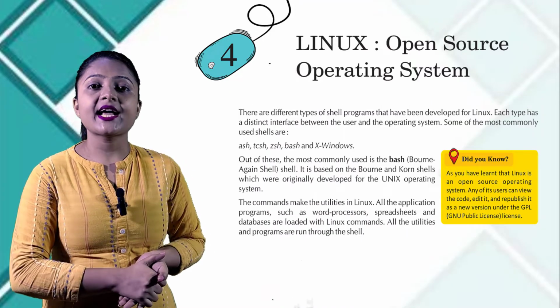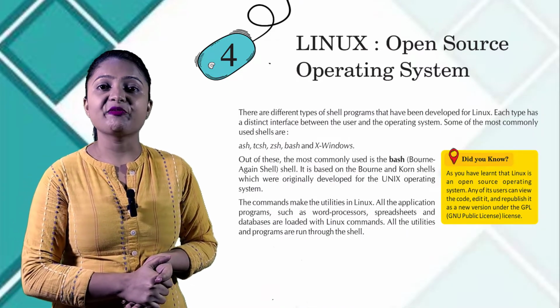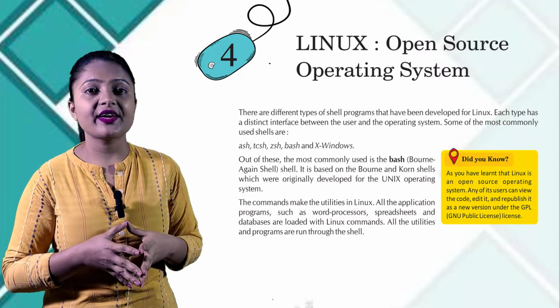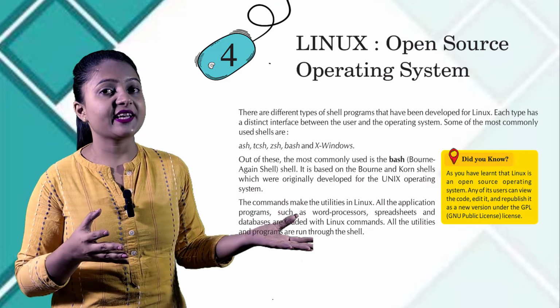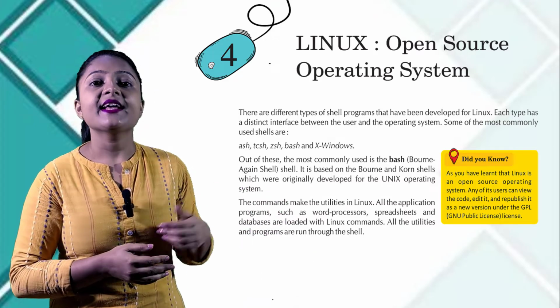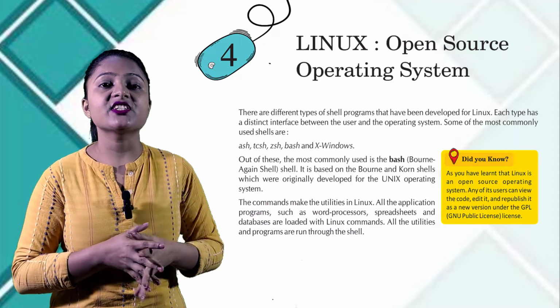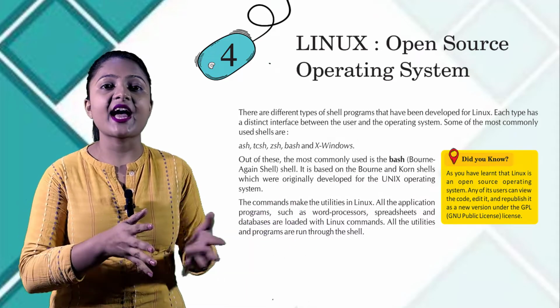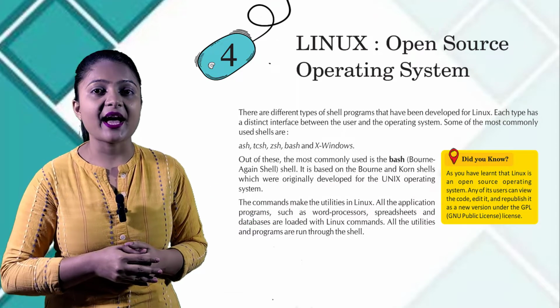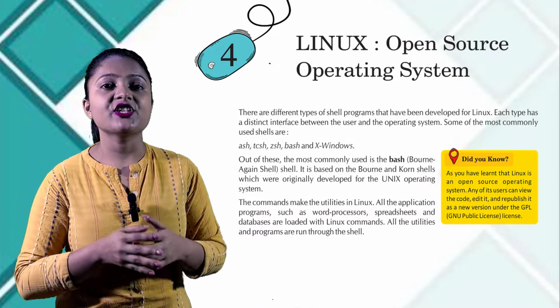There are different types of shell programs that have been developed for Linux. Each type has a distinct interface between the user and the operating system. Some of the most commonly used shells are ASH, TCSH, ZSH, BASH and X Windows. Out of these, the most commonly used is the Bash, Born Again shell.